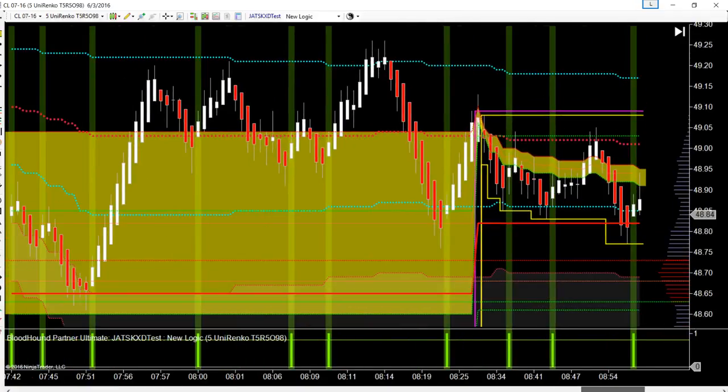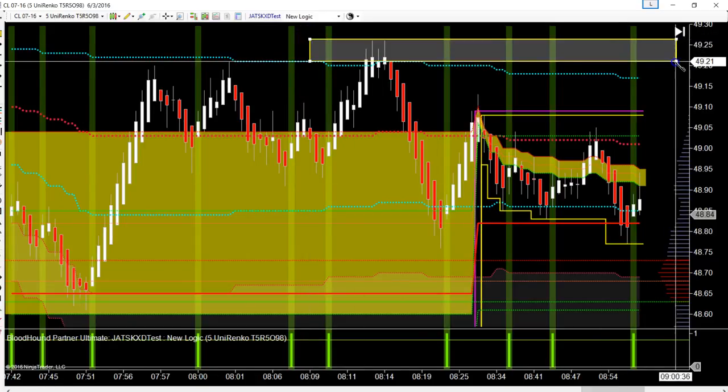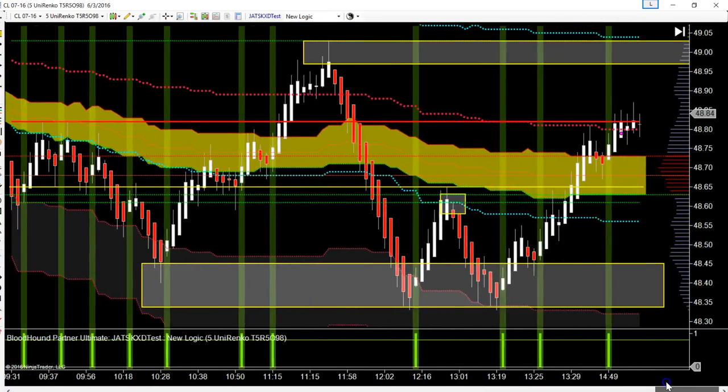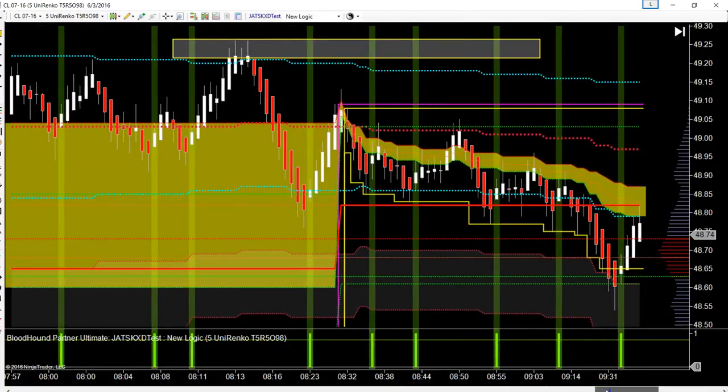Let me find some more. Here we go. Here was a wick box. Extend it out. It hasn't gotten back up there. So that's what you can do. And here's a wick box here.